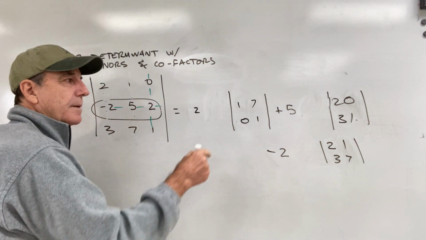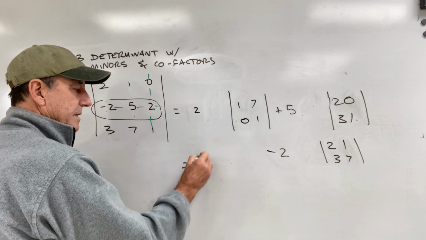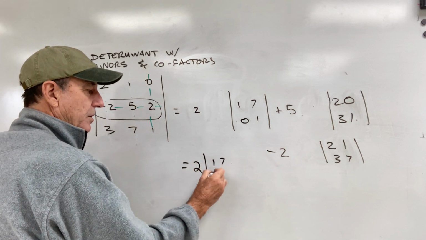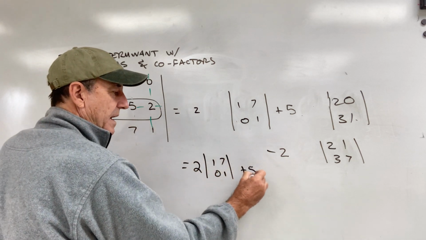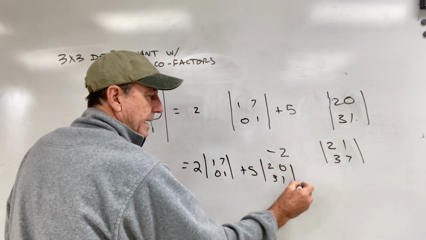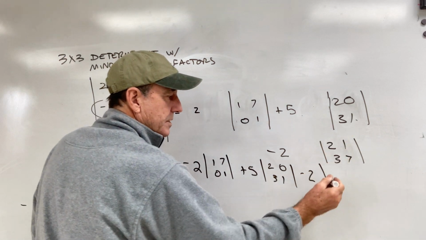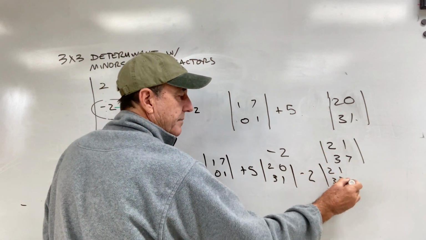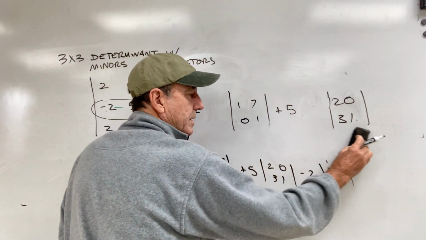So if I just clean this up a little bit, I have 2 times this determinant, 1, 0, 7, 1, plus 5 times this determinant, 2, 0, 3, 1, and then minus 2 times this determinant, 2, 1, 3, 7. I'm just trying to put them all in one line there.